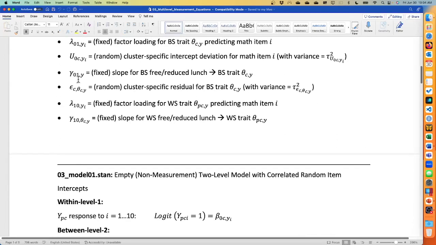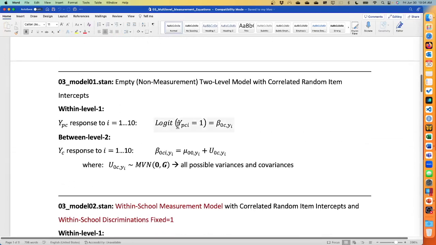So in this model, we have Y, which is our math item for a person, in this case, cluster and item, right? So there'll be 10 of them. The logit, the probability that Y is 1, is equal to our placeholder intercept, which is equal to some, what I will call fixed intercept, but we understand in Bayes that nothing is fixed, and some random intercept itself.